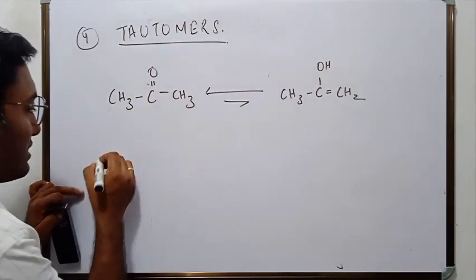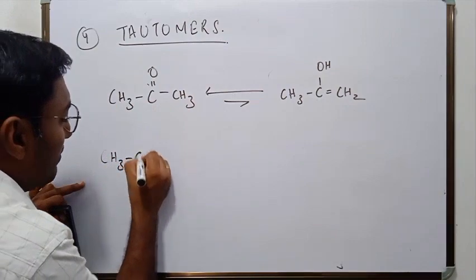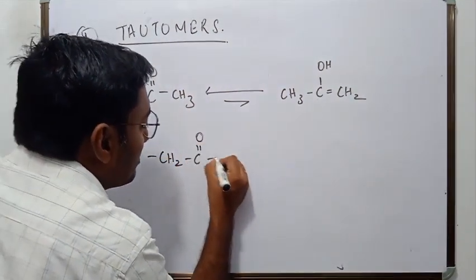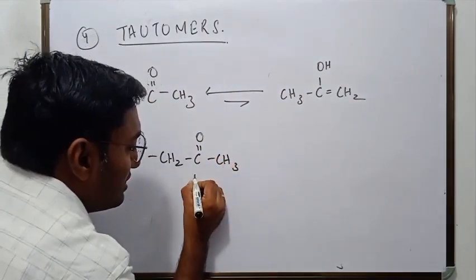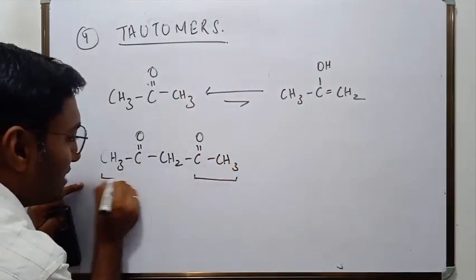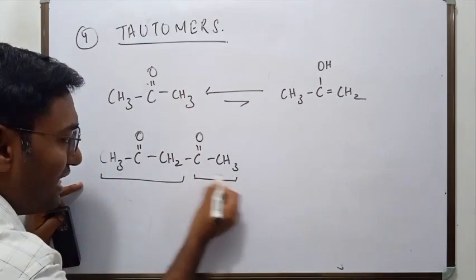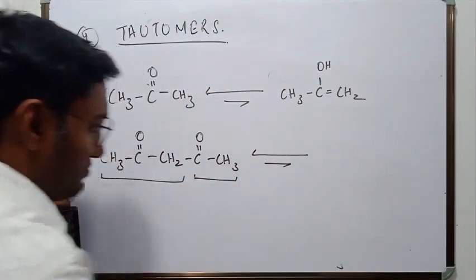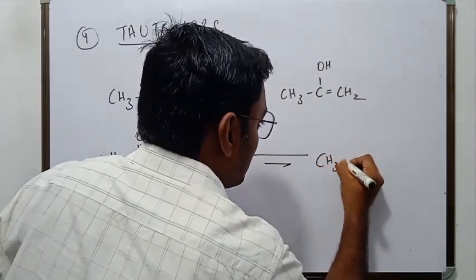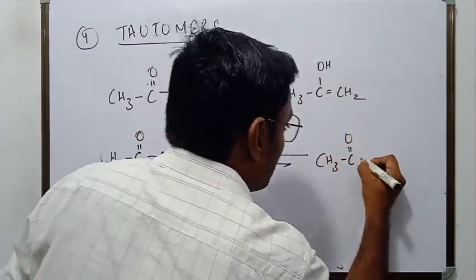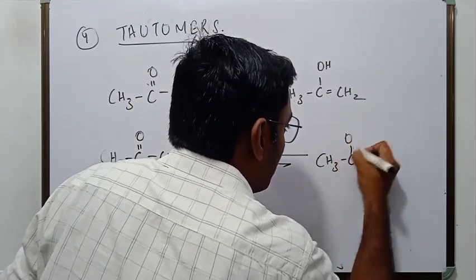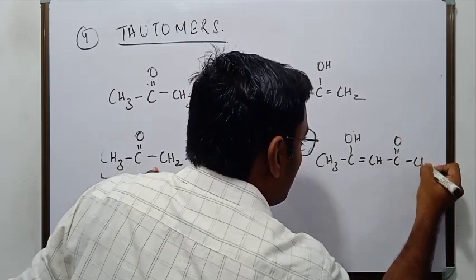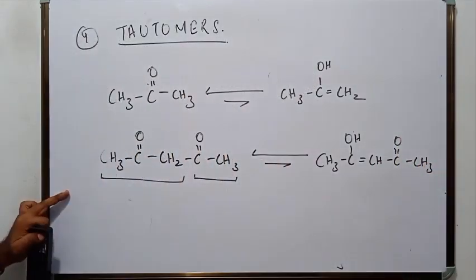There are other examples. Look at this example. This part is acetyl, this part is acetone. So this is acetyl acetone. Let us see how it undergoes this. Here also we have keto-enol tautomerism.